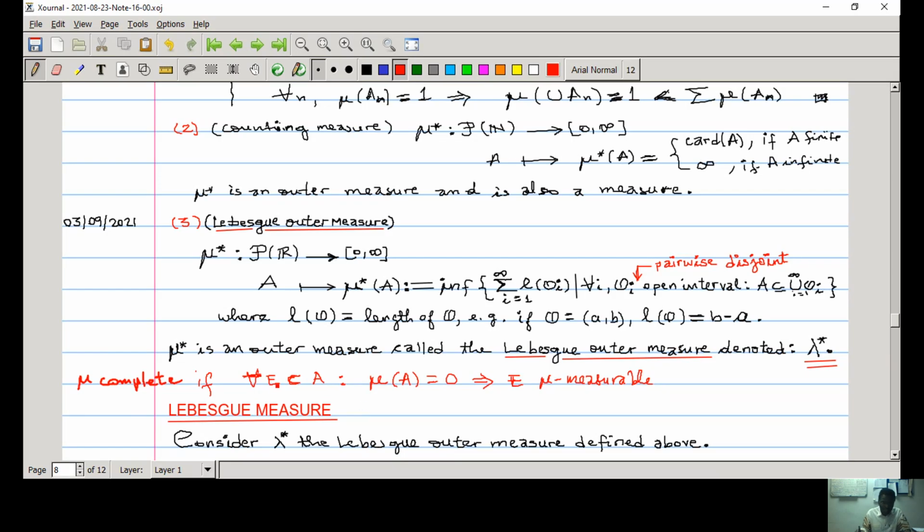And also because it's a subset, it is also a null set, because we know by the monotonicity of mu that if E is a subset of A, mu E will be less than or equal to mu A. And we know that mu A is 0 and a measure is positive. So E also is a null set. Okay, so this is the definition of a complete measure.